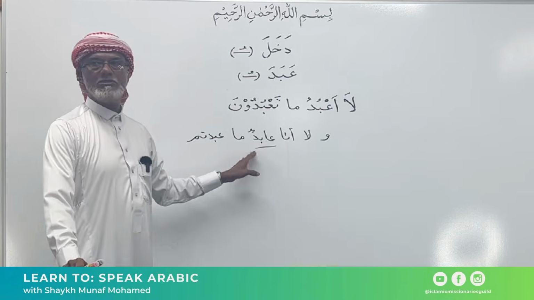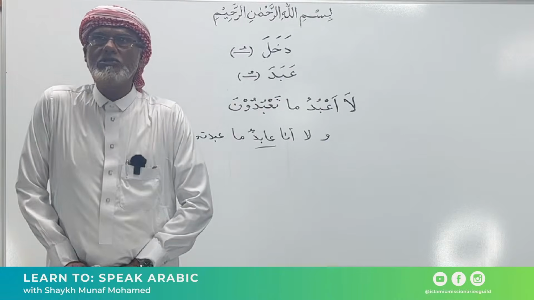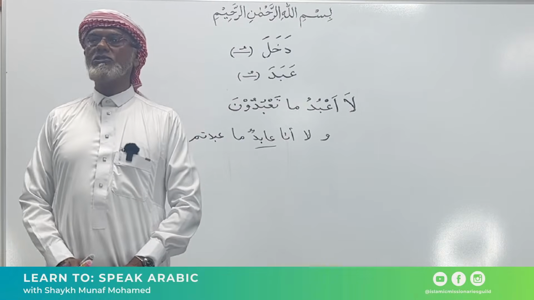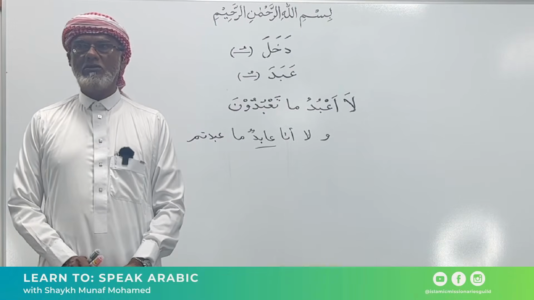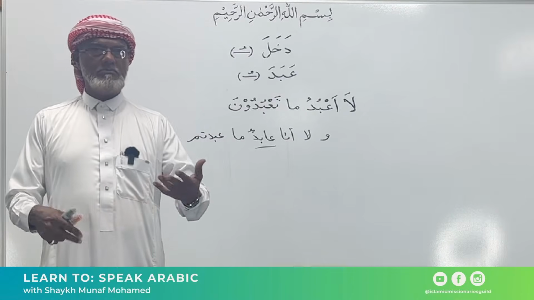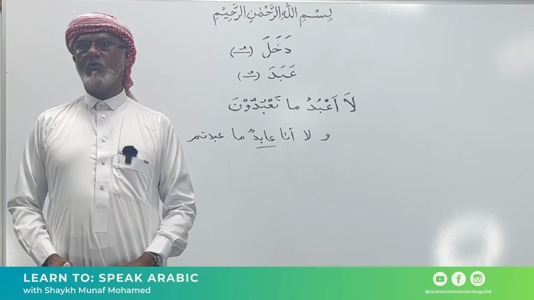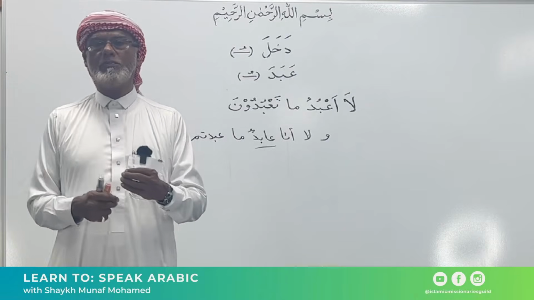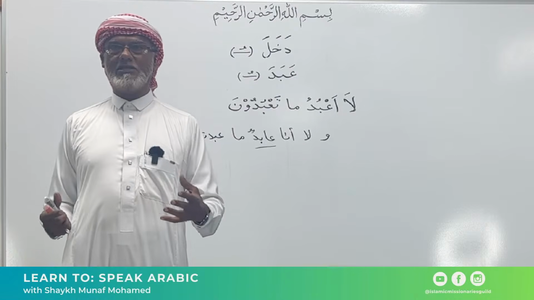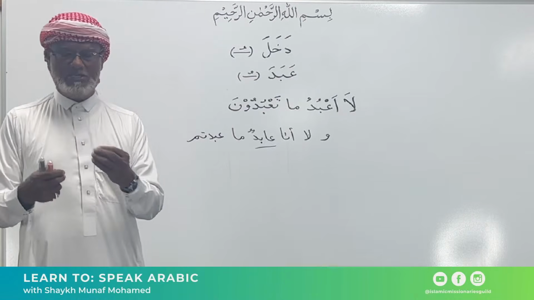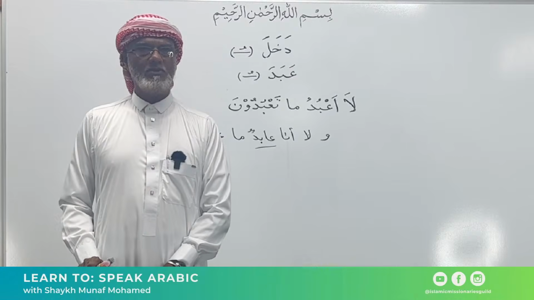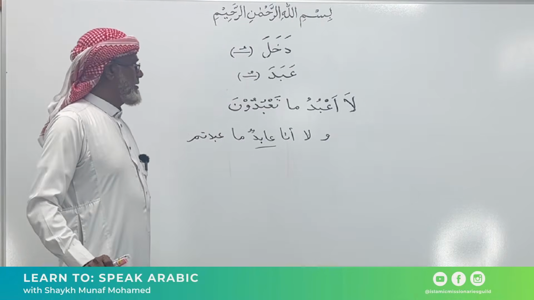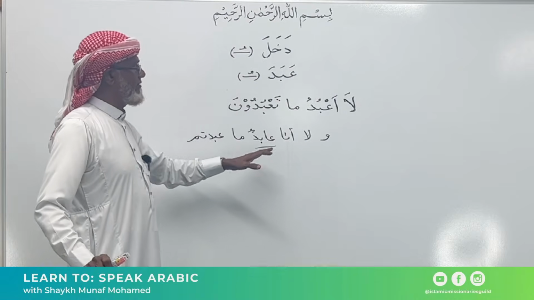So abidun means a worshipper, right? And a worshipper is different from one who is now worshipping. Worshipper means that the attribute of worshipping is continuous. It is an attribute that is continuously with the person. All right?